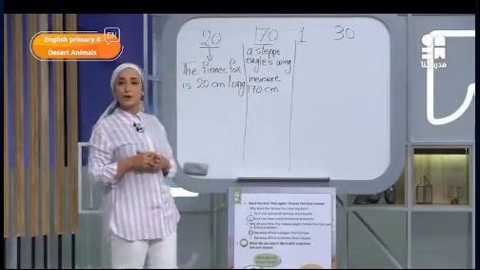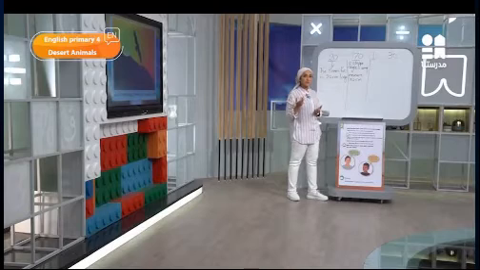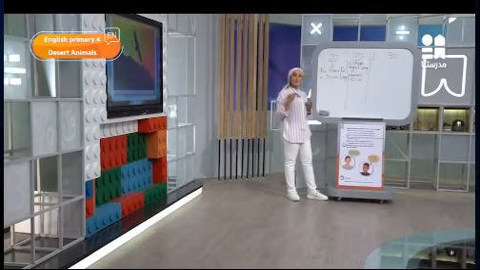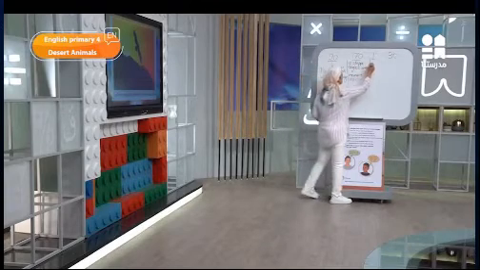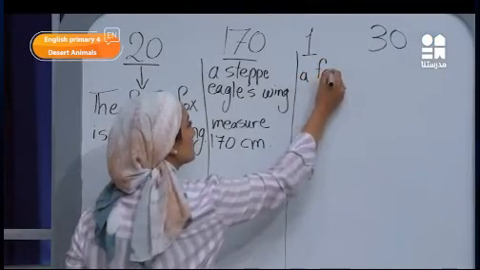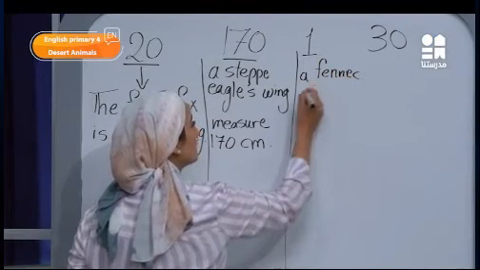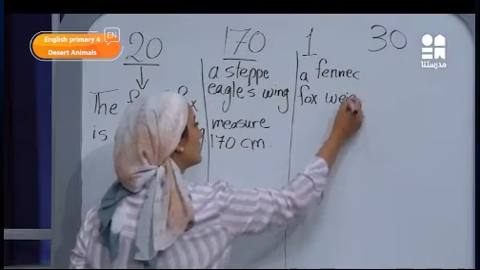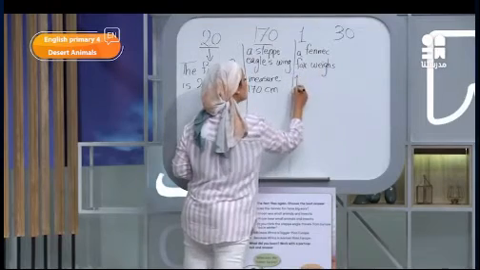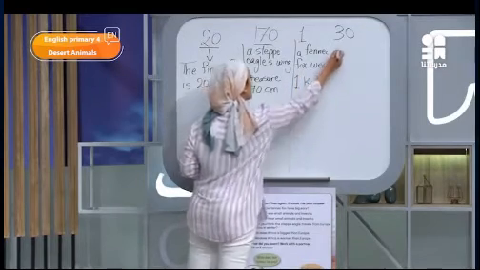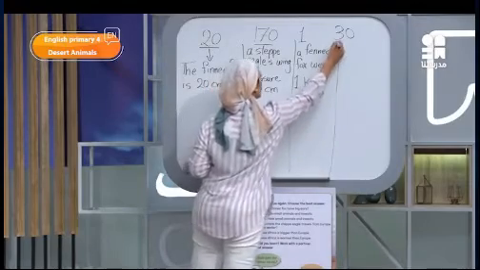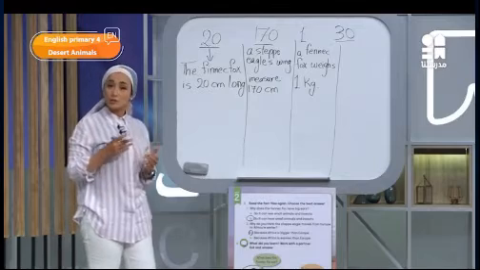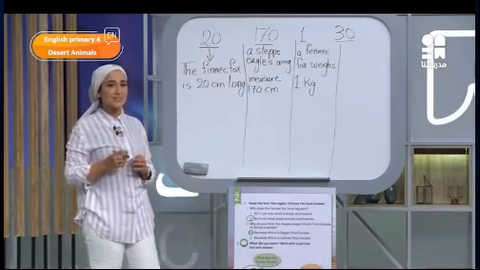What about number 1? Yes, it refers to what? Exactly. A fennec fox weighs 1 kilogram. Very good. A fennec fox weighs 1 kilogram. And the last number is 30. Yes. Great. A fennec fox is 30 centimeters long.